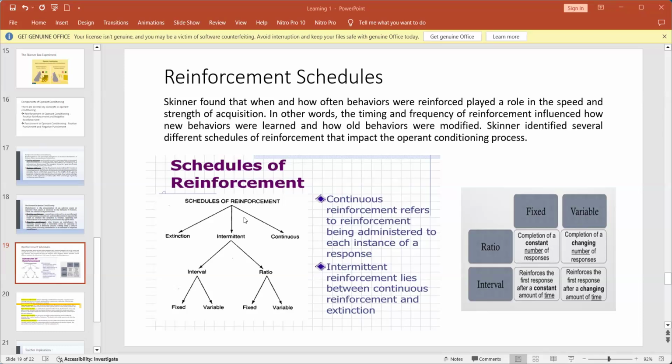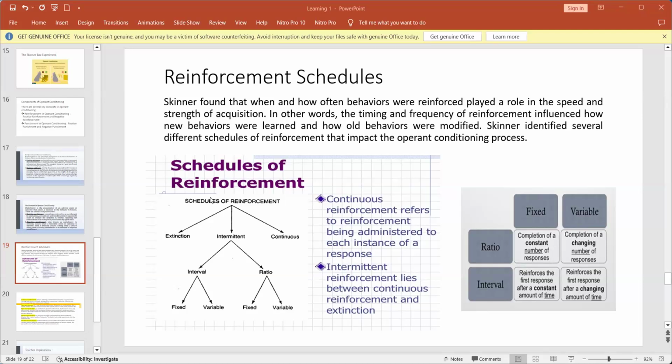To establish the good habit of reading, the teacher decides to use a continuous reinforcement schedule, so that each and every time the child reads a book, the child is rewarded with a star or a ribbon or whatever. Once the good habit is established, and the child is in the habit of reading, you can move on to partial reinforcement.